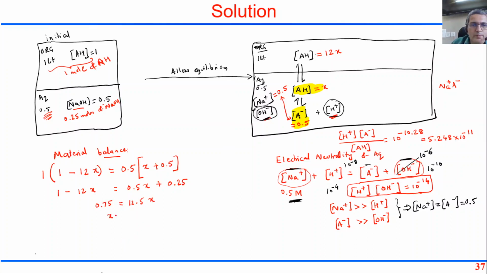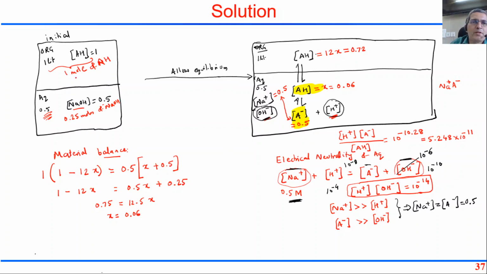X would be equal to how much? 0.75 divided by 12.5. Somebody calculate. 0.06. So now this x would be 0.06. Let us move forward. This 12x would be 12 times that, 0.72.